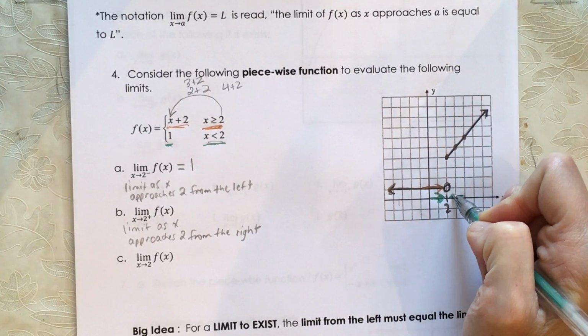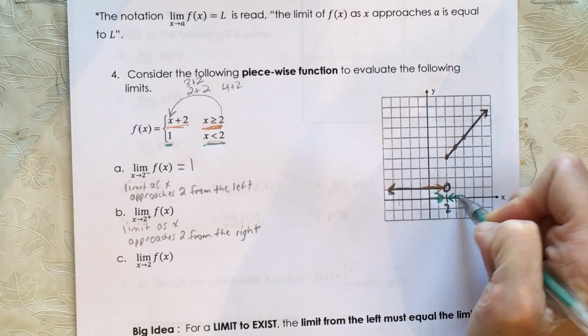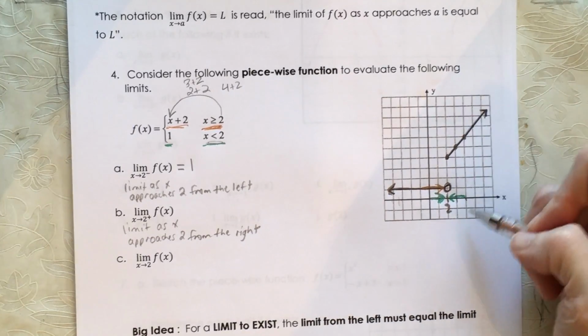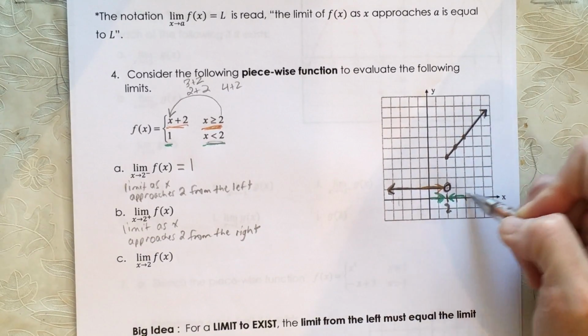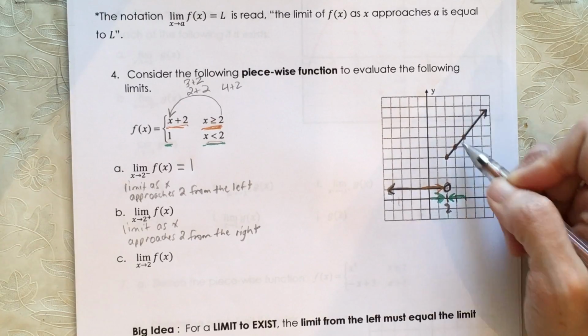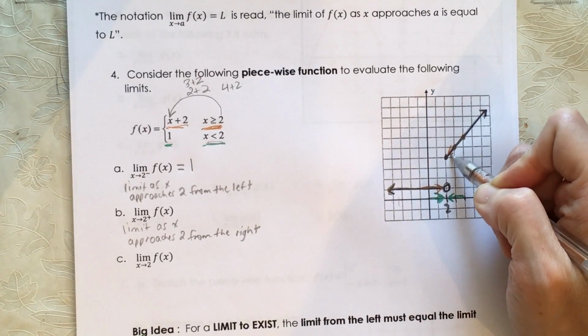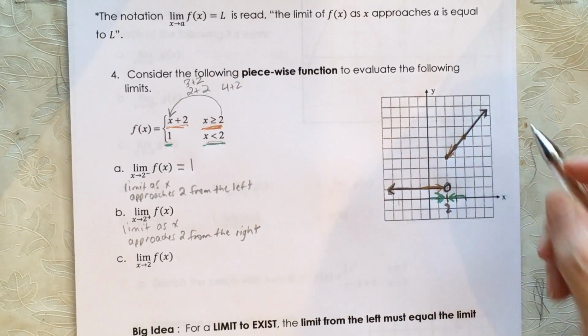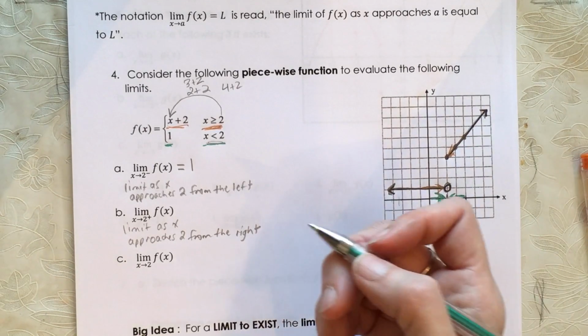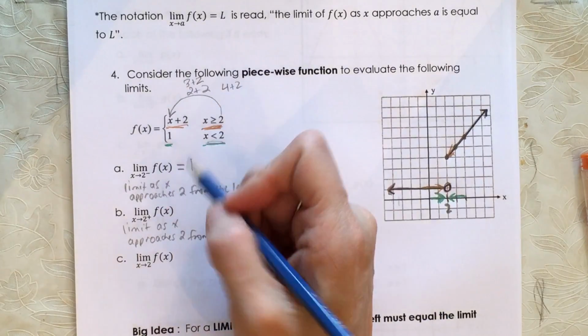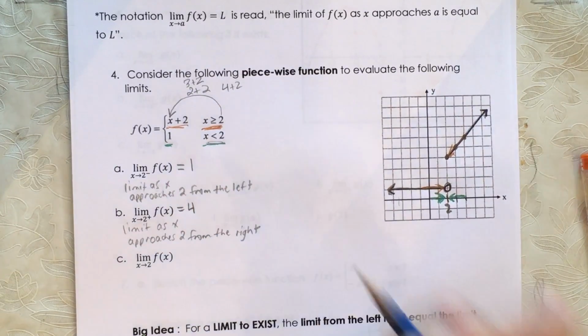Along the x-axis, we're approaching 2. What is our curve doing at the same time? So we would be on this branch of the curve. If x was approaching 2 from the right, these would be our corresponding f at x's, and they are getting closer and closer to this value here, which is 1, 2, 3, 4. So the limit as x approaches 2 from the right is 4.